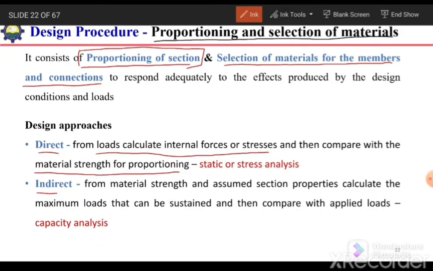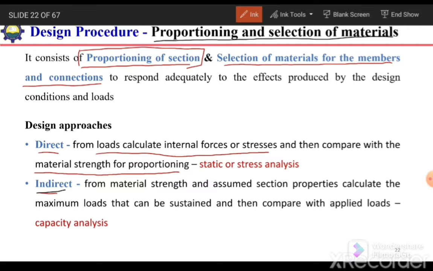The second approach for the design is the indirect approach. So in this case, from the material strength and assumed section properties, we will calculate the maximum load that can be sustained by the supposed or assumed section, and then we will compare it with the applied load.